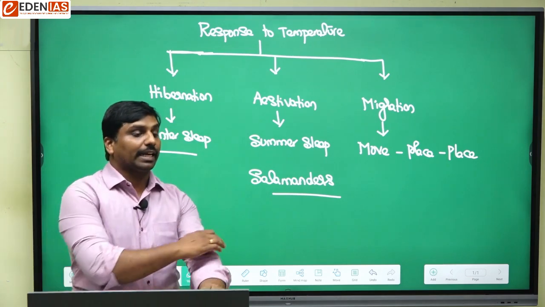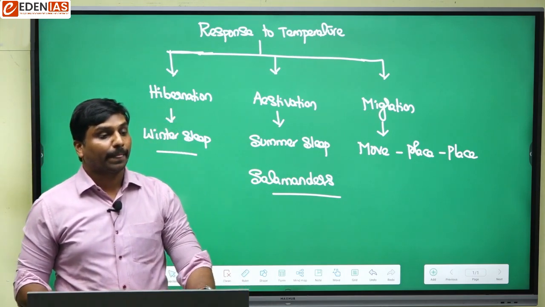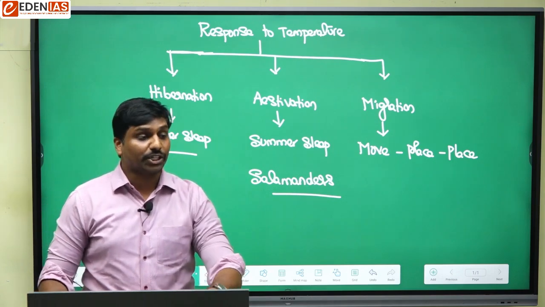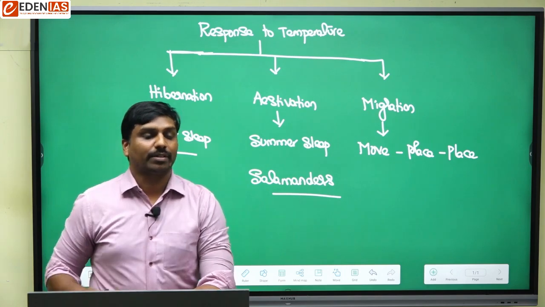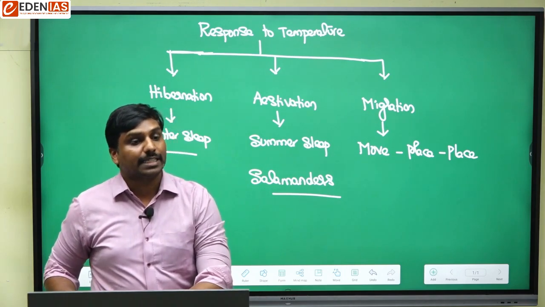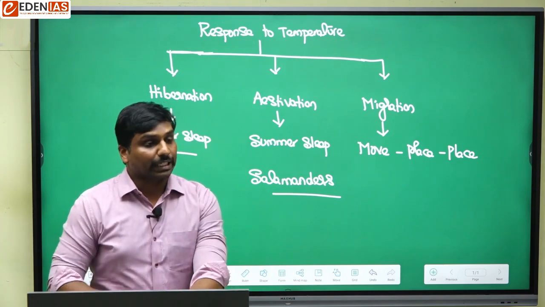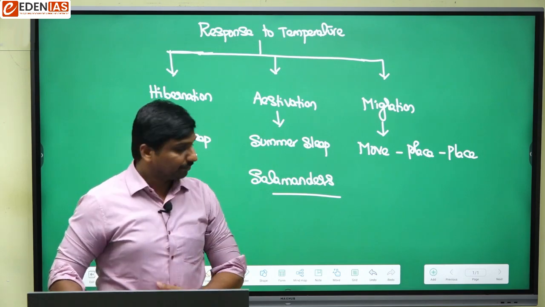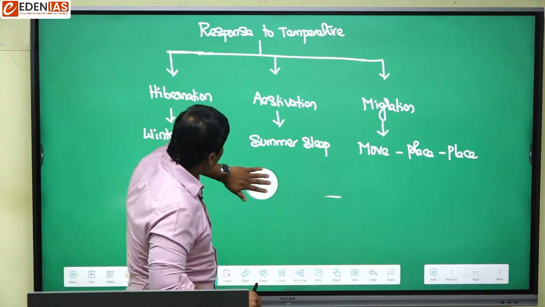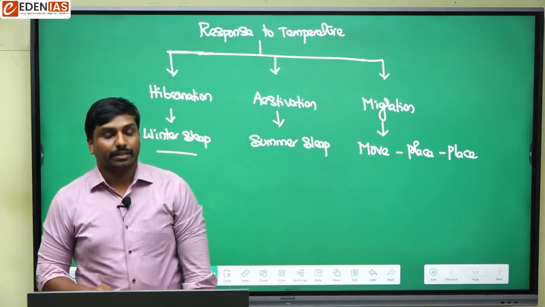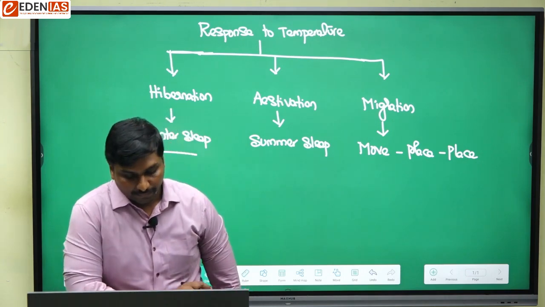Okay, so that is one thing. Then next example you mentioned Asiatic and Eurasian sparrowhawks. Asiatic and Eurasian sparrowhawks migrate to India and Myanmar during winters. Okay, so that is one thing.